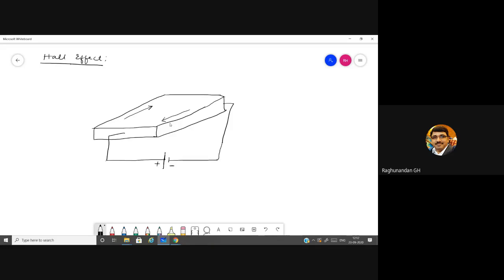I'll write it in color. This is one direction, red color, and the other one is blue color. So what will be moving in blue direction? What will be moving in red direction? Which charge carriers will be moving?